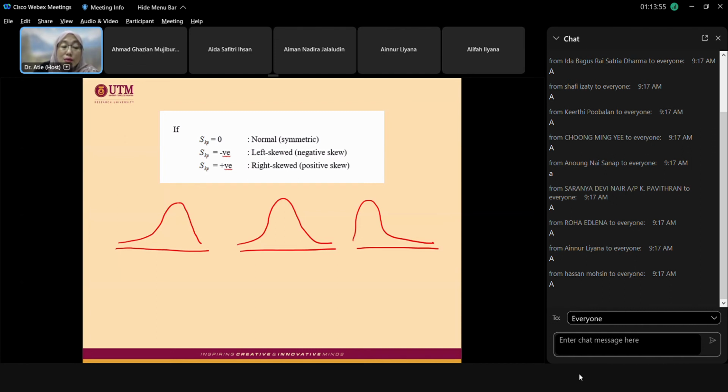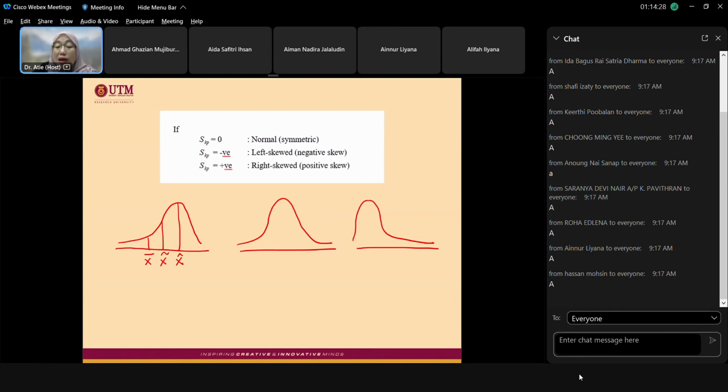This happens when the mean is no longer at the center, but somewhere around here. So this is the mean. This is the median, always in the middle, and the highest peak is the mode, right?